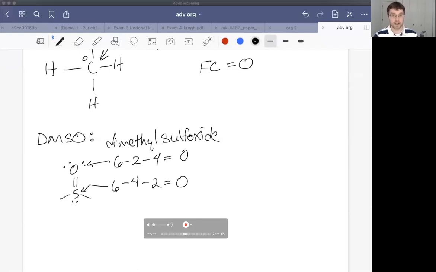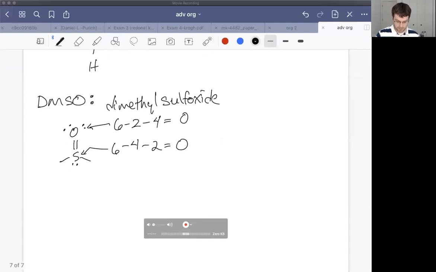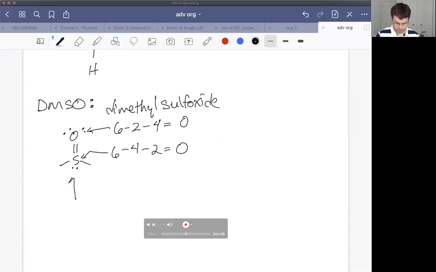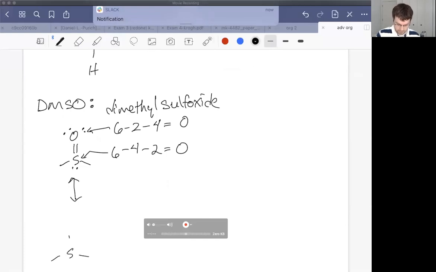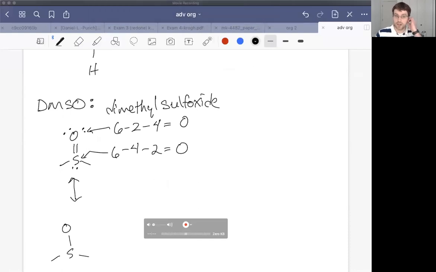Now, this is one way to depict the molecule, but an alternative way is to draw the resonance structure. The resonance structure of this, remember, is a different way of drawing how the electrons are arranged, particularly those as lone pairs and pi bonds.